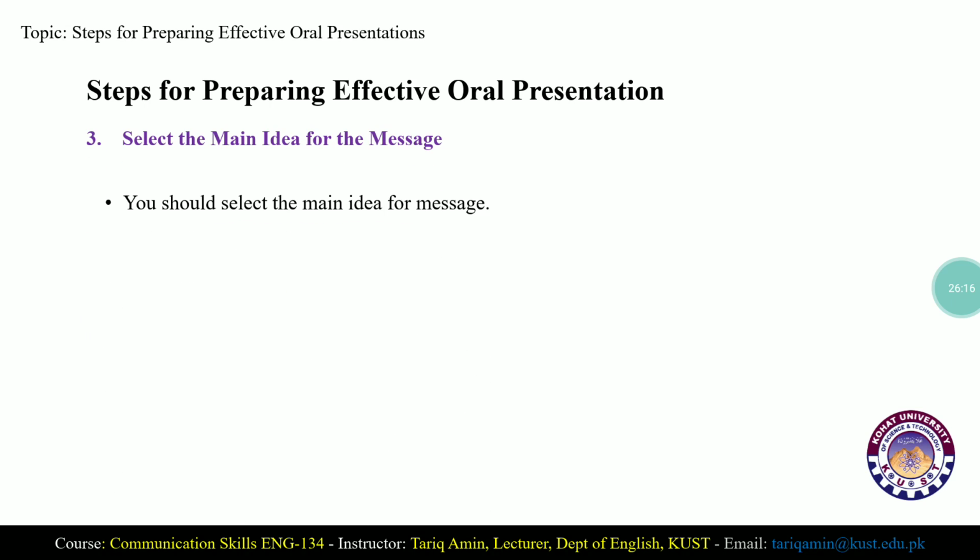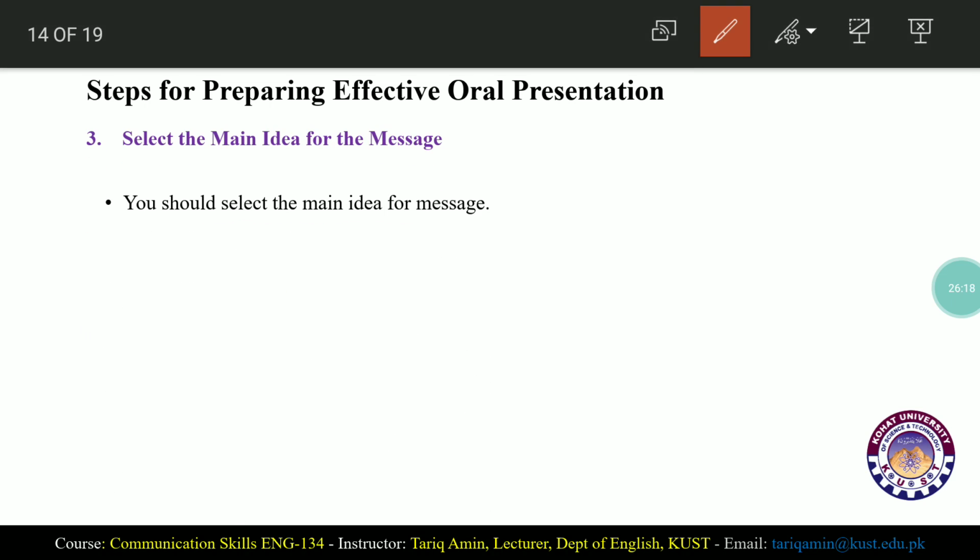Select the main idea for the message. After you have determined the purpose behind your presentation, and after you have analyzed the audience and occasion, the next step is to select the main idea for the message. The next step is to decide upon the main ideas for your message.